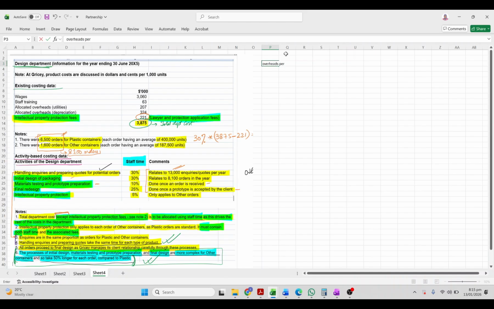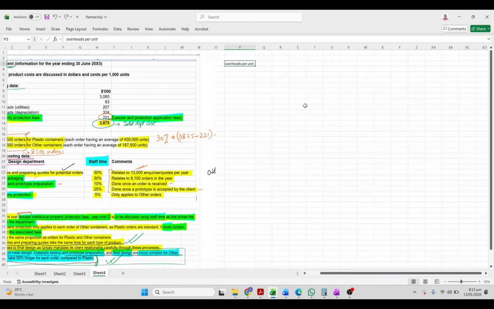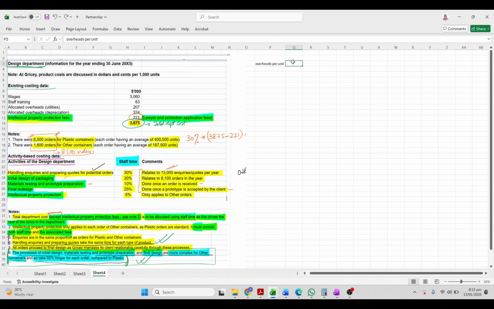Overhead per unit will be total overheads divided by, okay, right now we don't have the number of units, so let's calculate the total number of units.